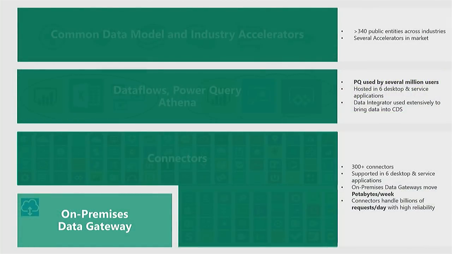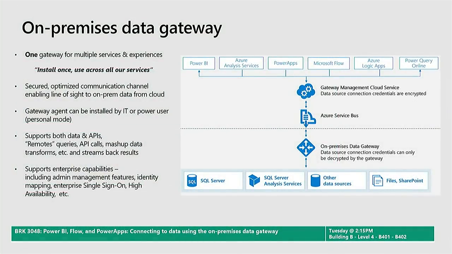OK, the last topic, on-premise data gateway. The data gateway is the technology that we have that allows you to get data to anything on-premise. So think of on-premise SQL Server, on-premise Oracle database, SAP systems, your own on-premise custom APIs, anything which is on-premise, we go through the on-premise data gateway.